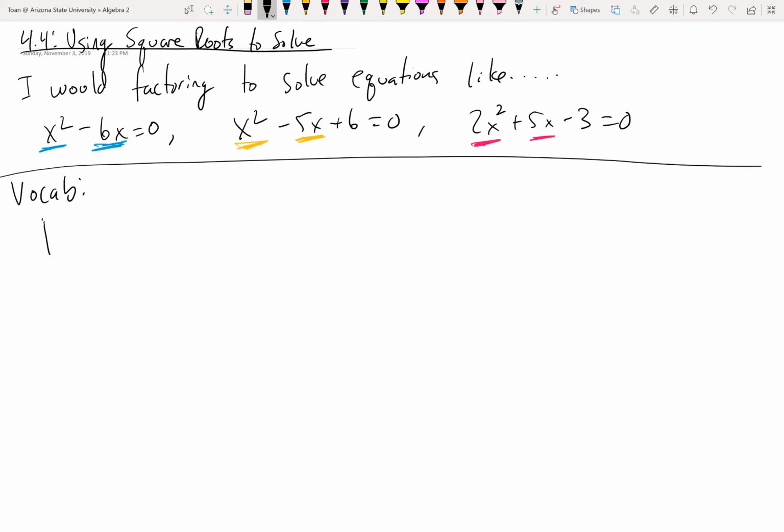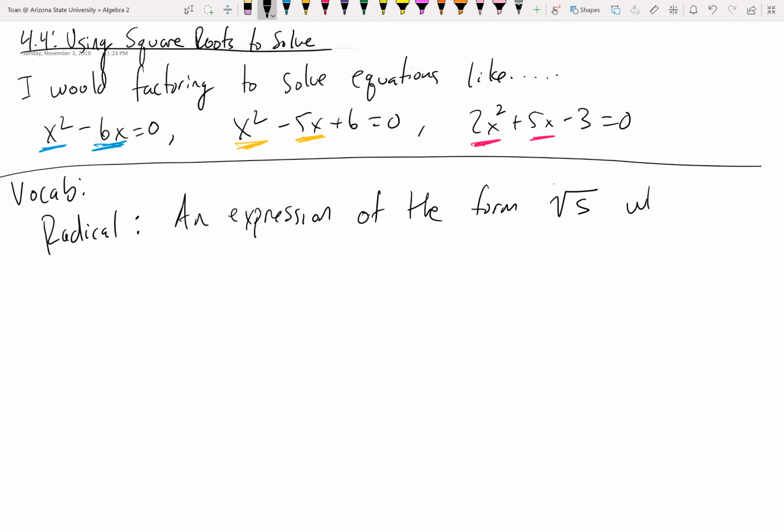The first vocab word is radical. I'll be using this term a lot, and a radical is nothing more than an expression of the form square root of s, where s is a number or expression.